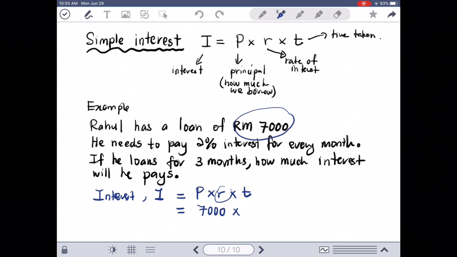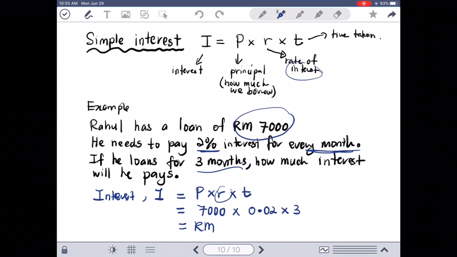R is the rate of interest, so in this case 2% per month, so it should be 0.02 times the time taken, 3 months, so times 3.